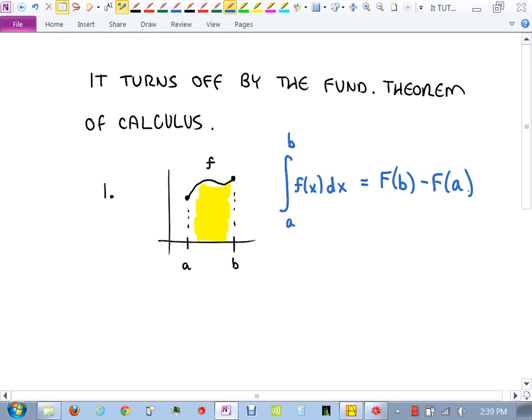It's really remarkable what it's saying. If you want to find the area under a curve between 2 points, all you have to do is what? Find the antiderivative and then plug in B into it. Subtract from that what you get when you plug in A. And you have the answer. It's pretty amazing.